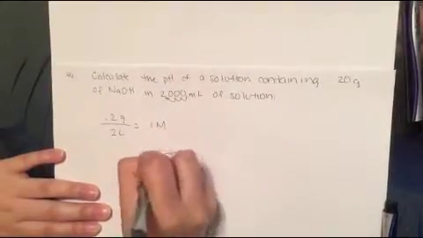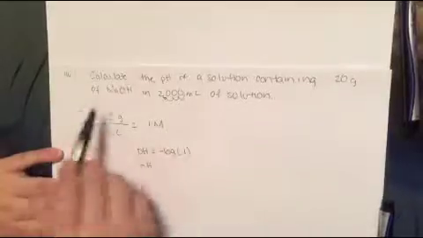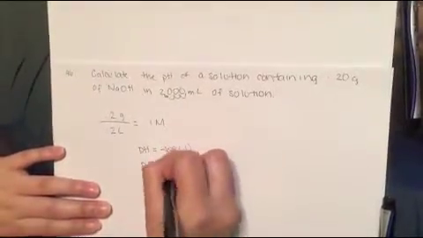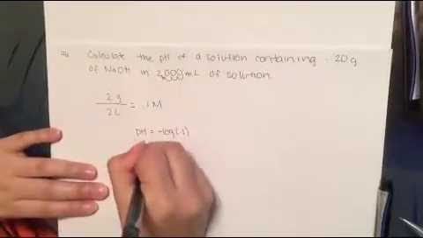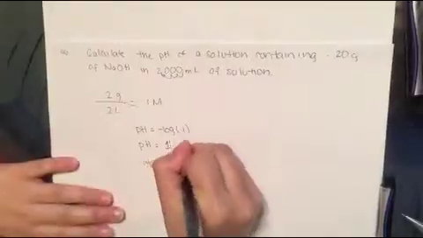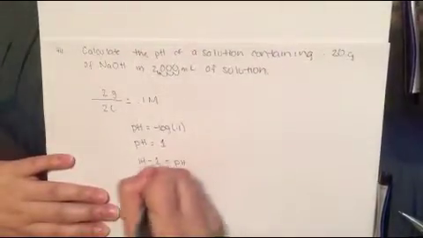In this case you will be getting pOH because it's NaOH, and it's going to give you 1. So now you subtract 14 minus 1, which will give you your pH. So your pH is equal to 13.